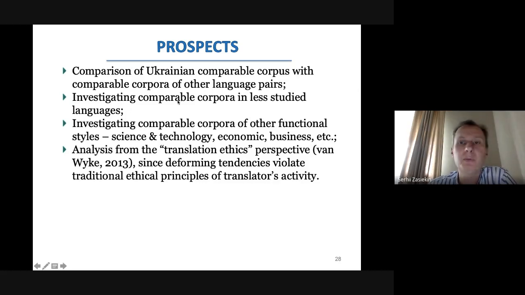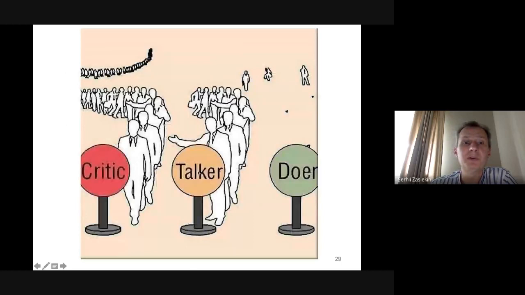Investigating comparable corpora in less studied languages. The next is investigating comparable corpora of other functional styles, for example, science and technology, economic, business. Analysis from the translation ethics perspective, since deforming tendencies violate traditional ethical principles of translators' activity.